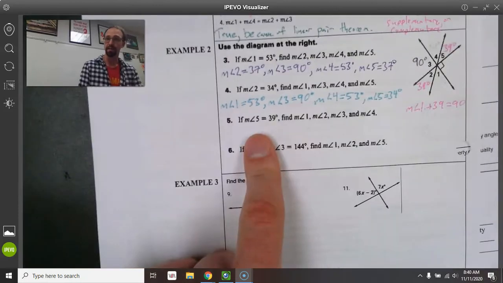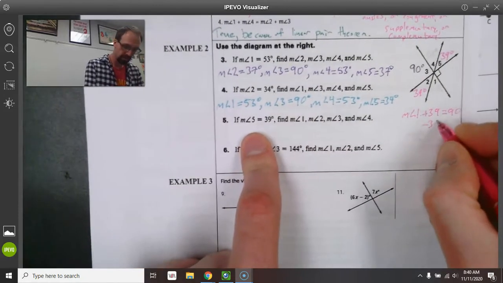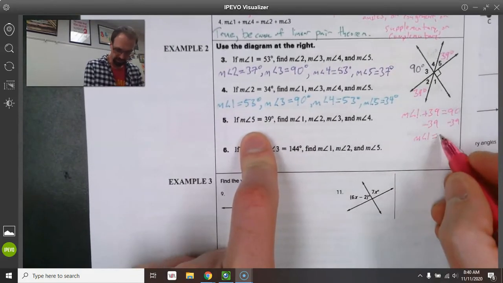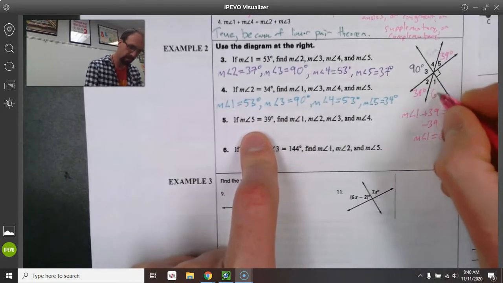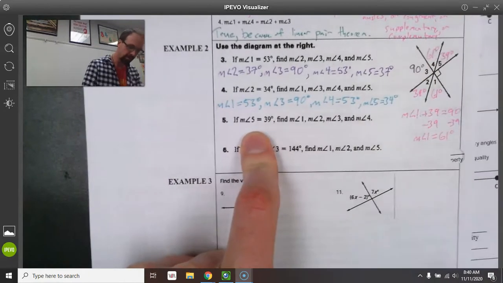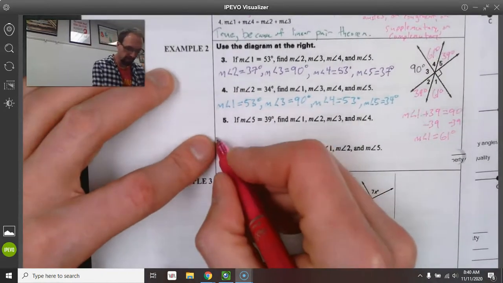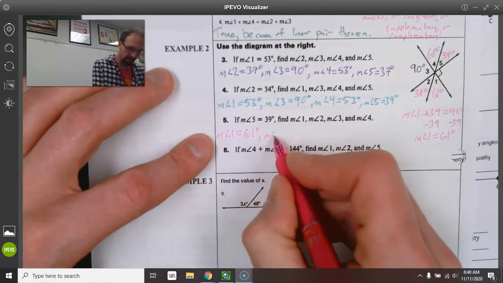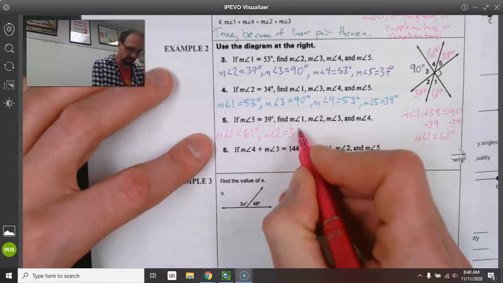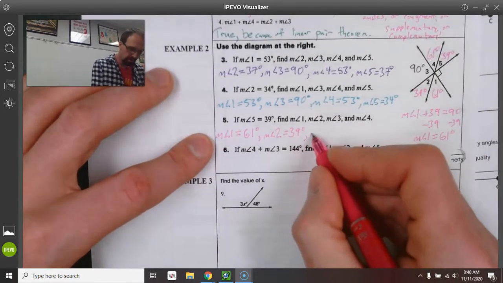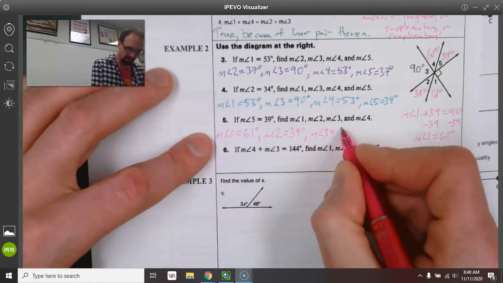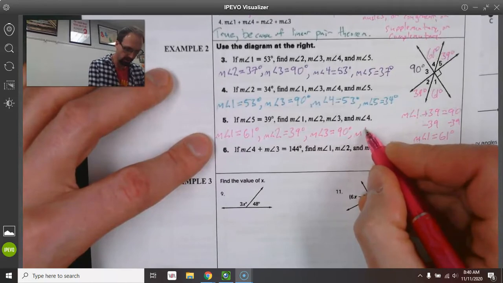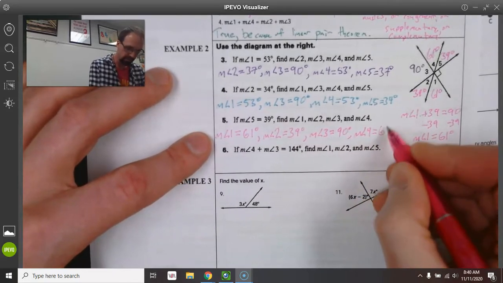So now I'm going to subtract 39 from both sides. I get the measure of angle 1 is equal to 61 degrees. So now I have the measure of angle 1 is equal to 61 degrees. The measure of angle 2 is equal to 39 degrees. The measure of angle 3 still hasn't changed, and it won't this entire video. The measure of angle 4 is equal to 61 degrees.